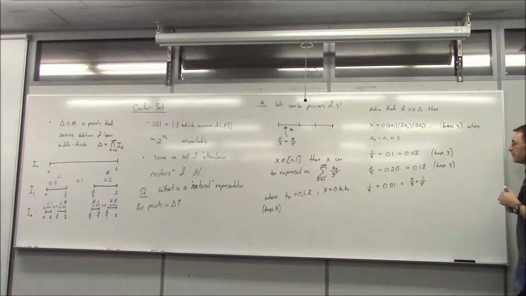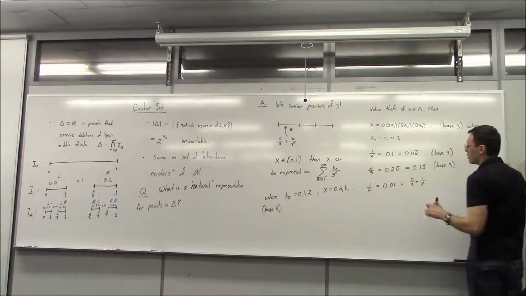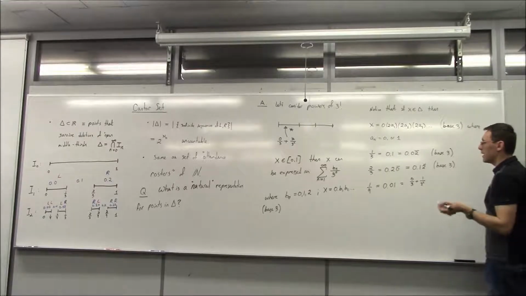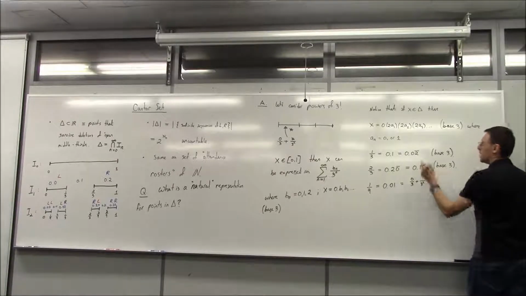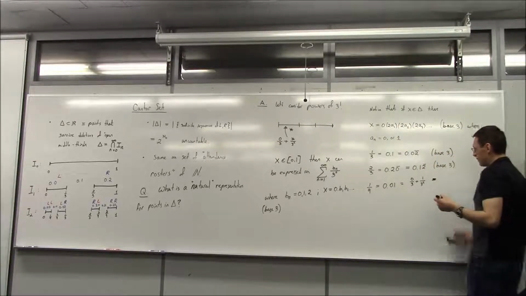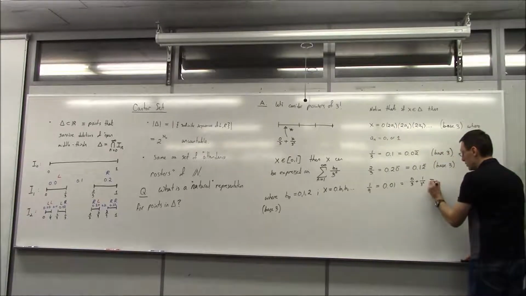Okay. But so this representation of 1/9 is not quite the right one. Can you give me another representation that will make it have the characteristic that I'm trying to tell you it has?